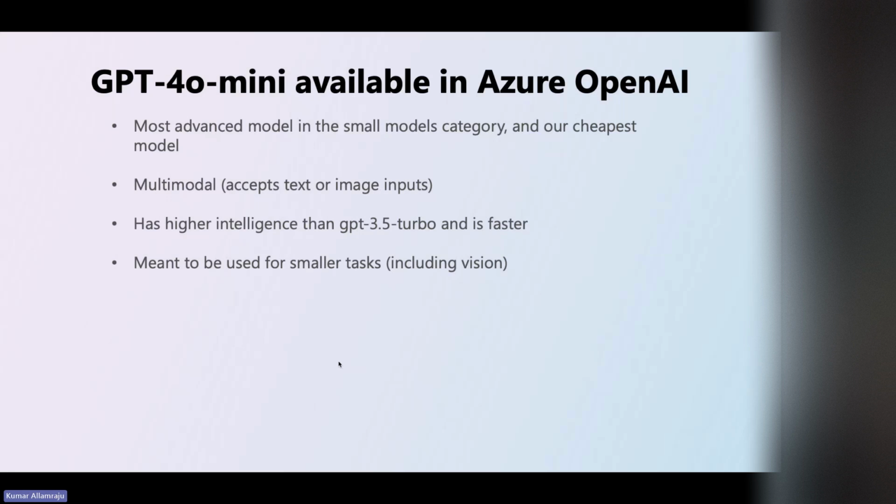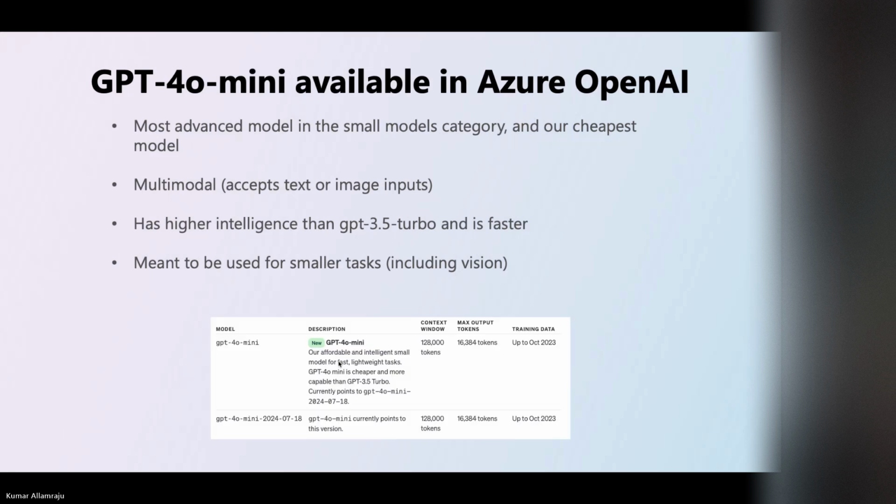But as long as we know what it is ideal for, we should be using GPT-4o Mini. And customers, we have seen customers doing mix and match based on their use cases. They'll start small, and most of the time they would say 4o Mini is ideal for their use cases. For some complicated tasks, they can go for GPT-4o, right? That way they'll get the best of both worlds, right?